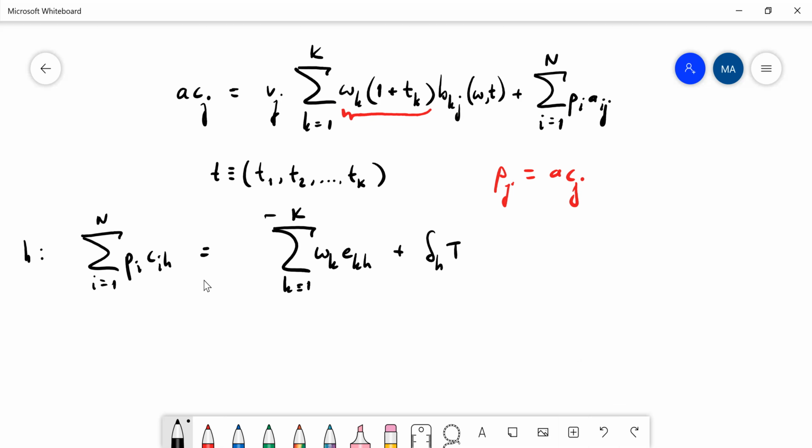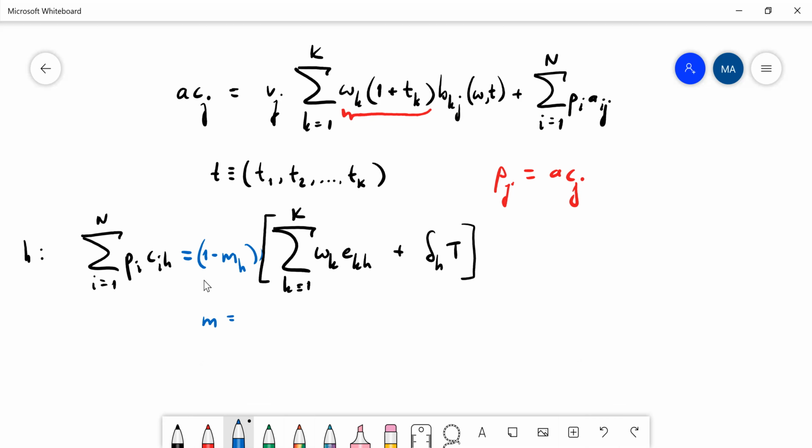But then, the government now puts an income tax, MH, okay? There will now be income tax.